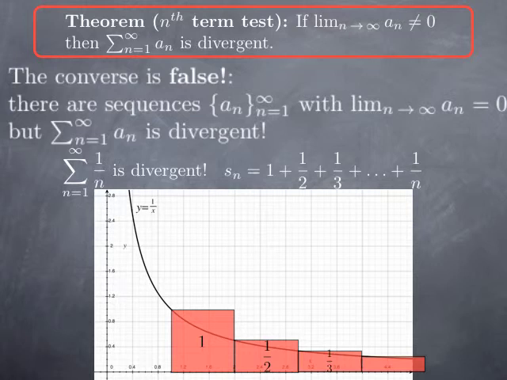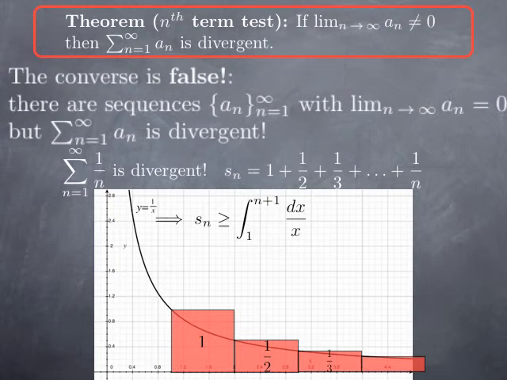If I was to add one more term, adding the first 5 terms, I would get an upper bound for the integral of 1 over x from 1 to 6, and so on. So what we have is that the partial sum adding the first n terms is greater or equal to the integral from 1 to n plus 1 of 1 over x.